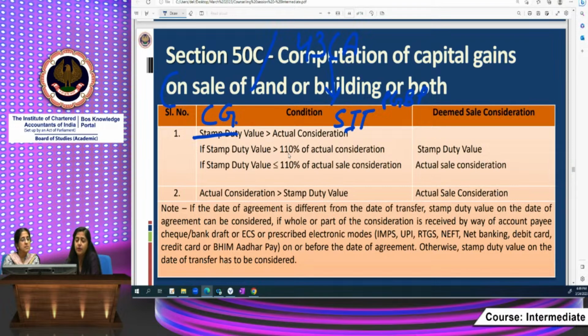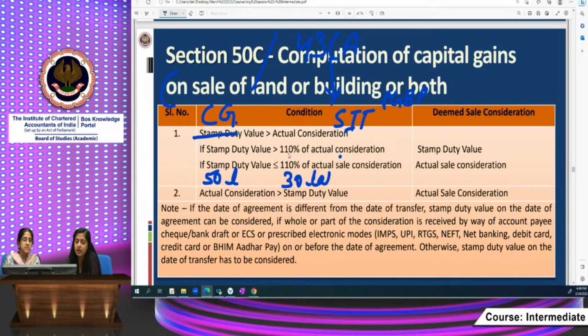If the stamp duty value of the land and building exceeds the actual consideration, then what would be your full value of consideration? If your stamp duty value exceeds 110% of actual consideration, suppose your stamp duty value is 50 lakh and your actual consideration is 30 lakh.